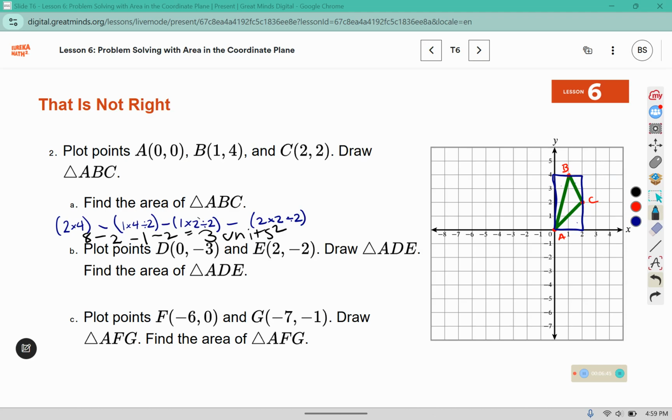Plot the points D at 0, -3, E at 2, -2, and draw ADE.